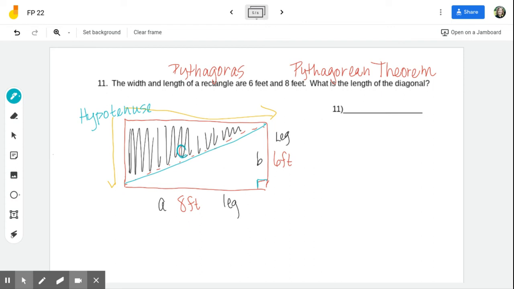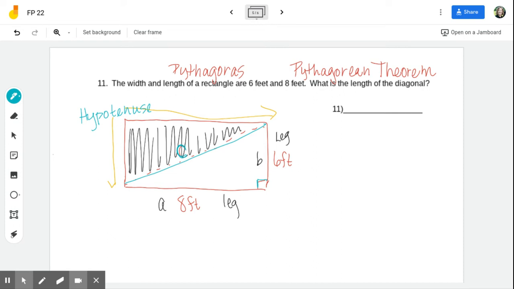Okay, so here's the cool thing. What he discovered was for any right triangle, if you took the length of side A and the length of side B and created a square, in other words, A right here times A would be A squared. I got a laser pointer.